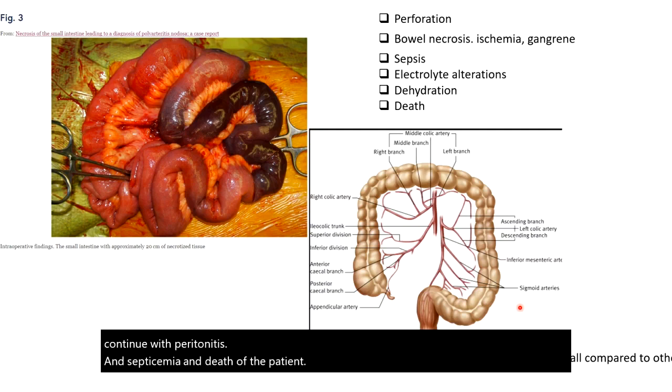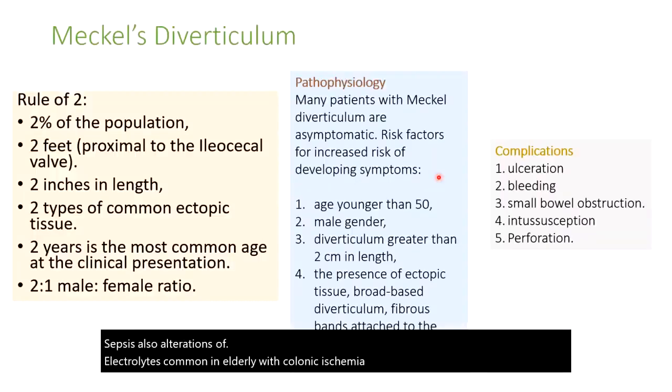Depending on the location, we are going to see hematochezia or we're going to see melena. The problem with this is that after the tissue is dead by necrosis, perforation can occur, sepsis, also alterations of electrolytes, common in elderly with colonic ischemia, dehydration, and also death of the patient.